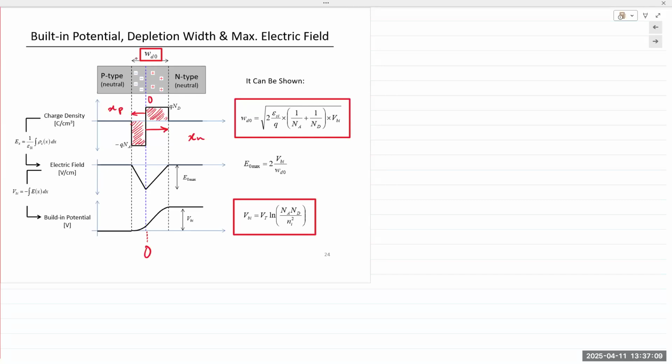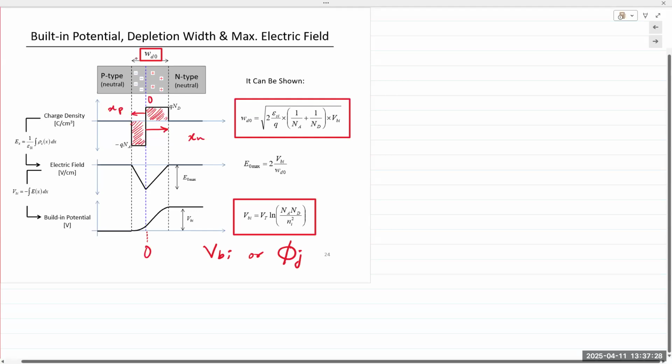Some e-books, different authors like to use different terms. I've also seen this referred to as phi J. Phi is the Greek letter phi, and then J for the junction.